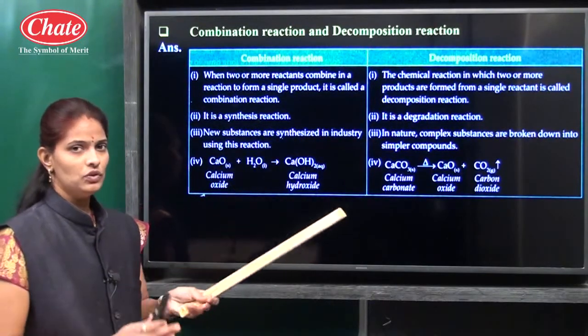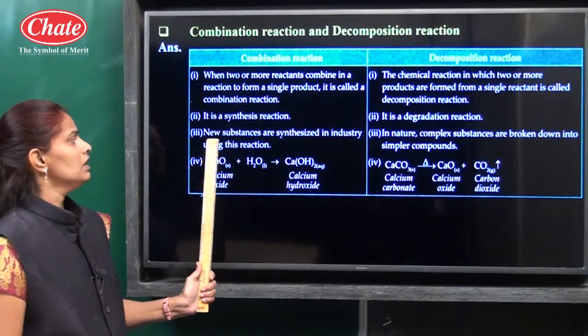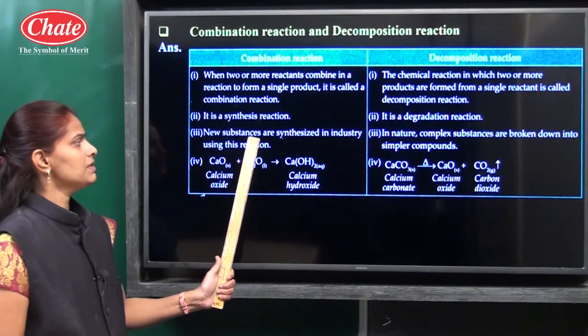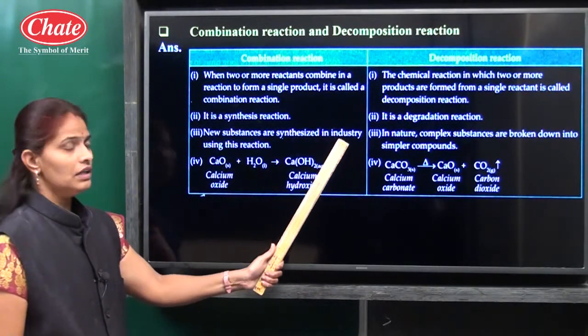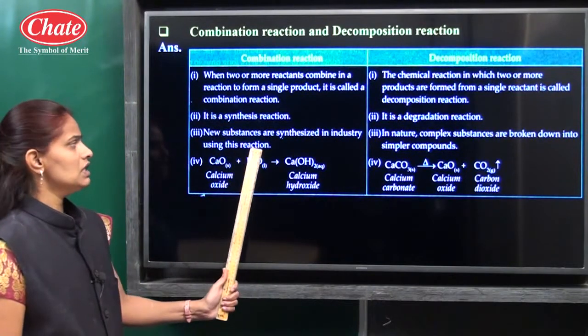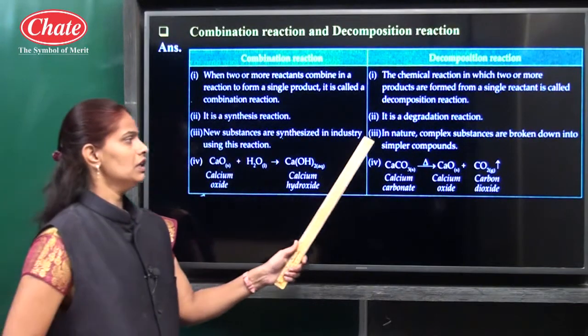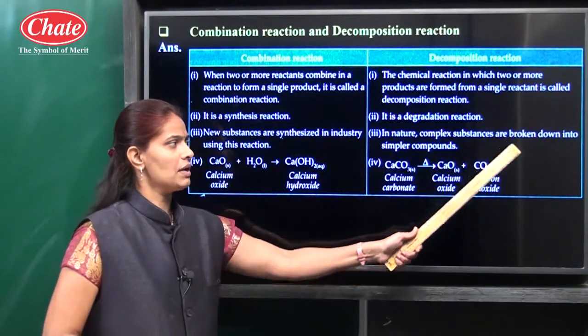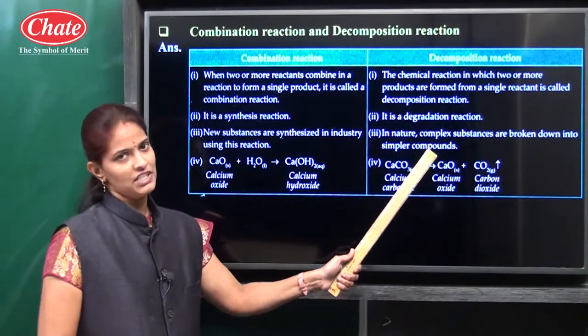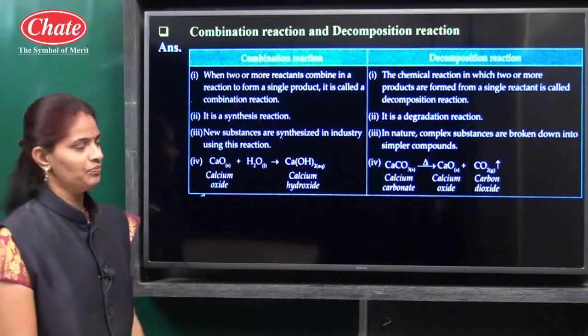Third point: new substances are synthesized in industry using this reaction, and that is why it is called a synthesis reaction. In nature, complex substances are broken down into simpler compounds, that is why it is called a degradation reaction.